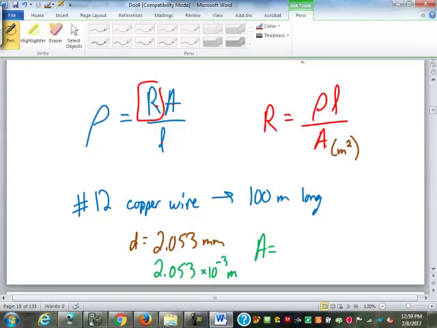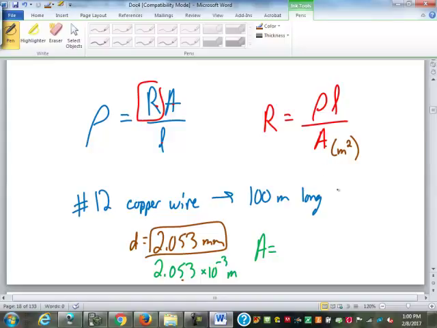Look very carefully at that chart on the top of page 280. The resistivity is given for copper as 0.0172 times 10 to the negative 6. So the way it works out, if I use millimeters for my diameter, instead of converting it to meters, the 10 to the negative 6 cancels out. Does that make sense?